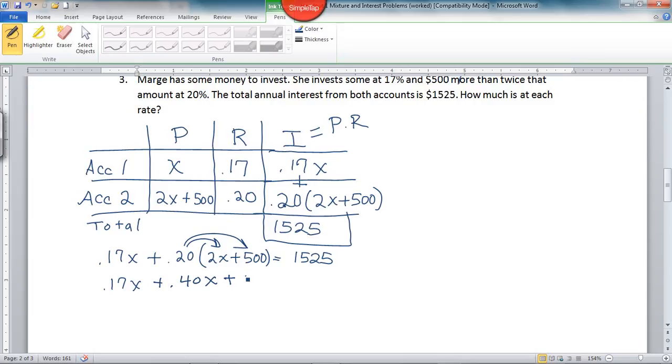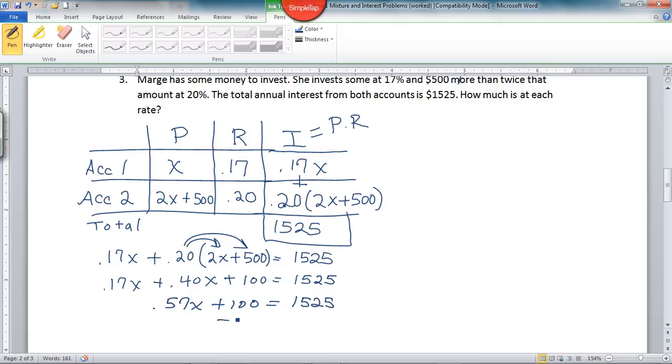Multiply that out. And that equals 1525. Got some like terms on the left. 0.17 plus 0.40, that's 0.57x plus 100 equals 1525.